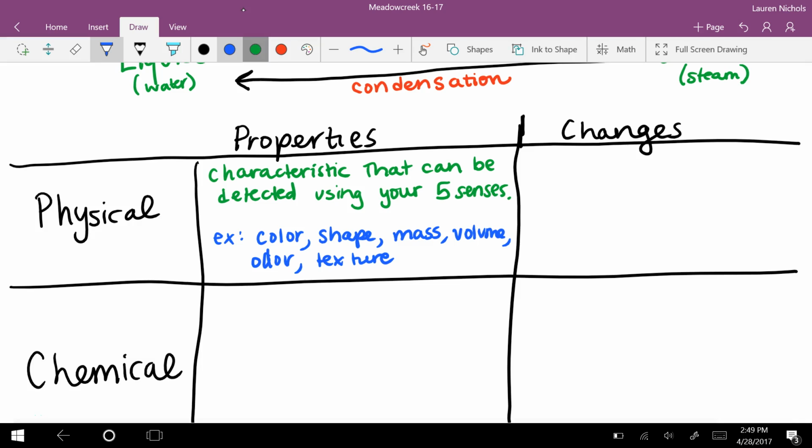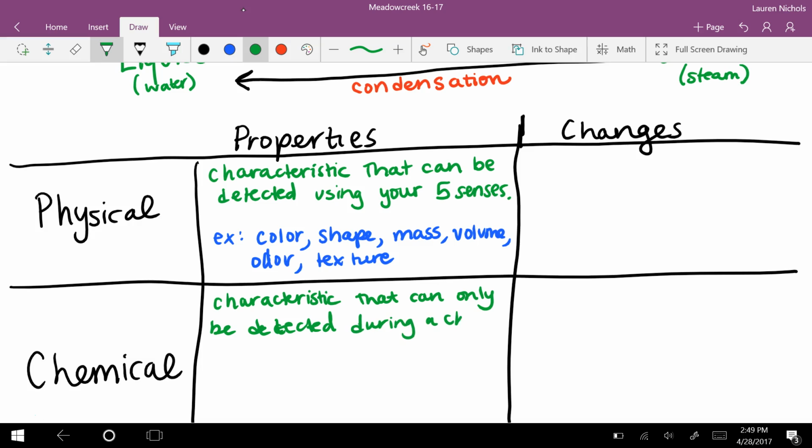Okay. Now, the difference is a chemical property is a characteristic that can only be detected during a change. So, what that means is some examples would be flammability.